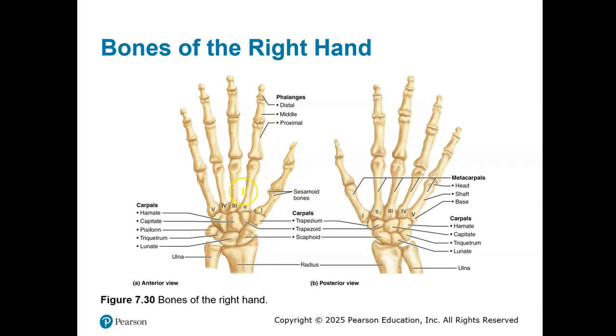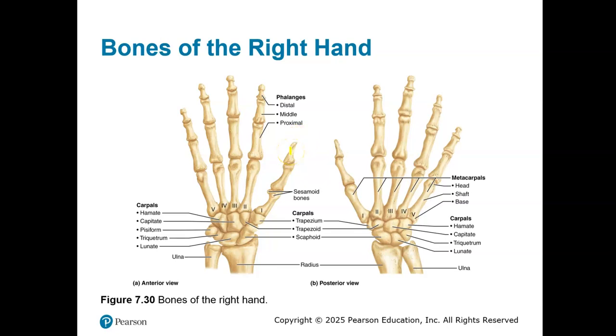That's not right though. I'm sorry. The thumb has 2 bone pieces, and the other phalanges have 3. They have a proximal, a middle, and a distal bone that forms the finger. So the thumb only has 2 bone portions, and the fingers have 3.